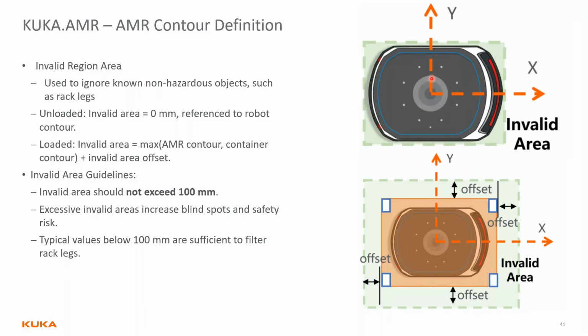By default, the invalid region area for the unloaded AMR is basically 0, so we're not ignoring anything. But for loaded states, we need to ignore the rack legs so we don't see them as obstacles and stop. That's basically the concept. You can change this invalid region area if you want to, but we recommend that you not exceed more than 100 millimeters.